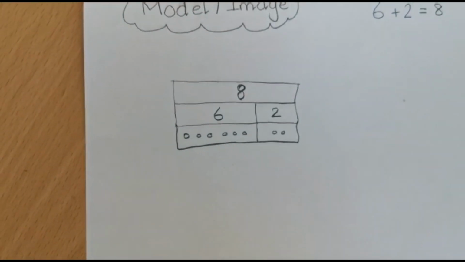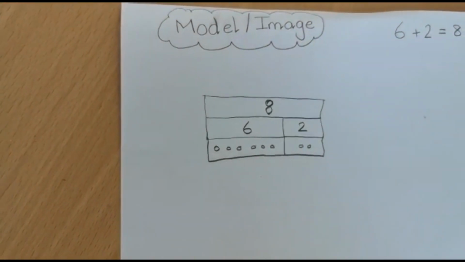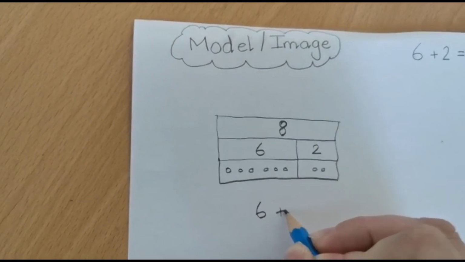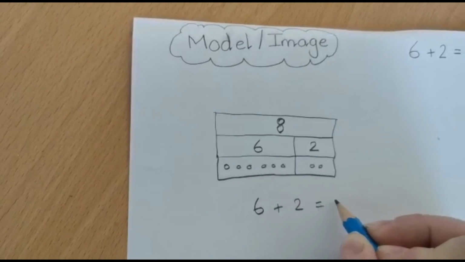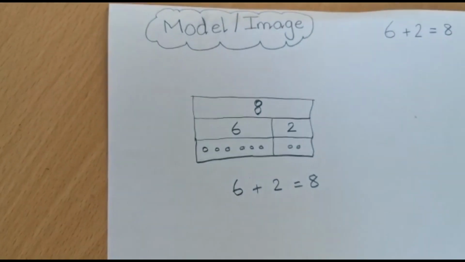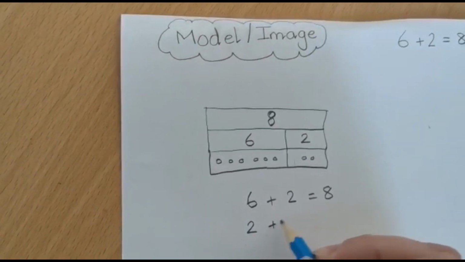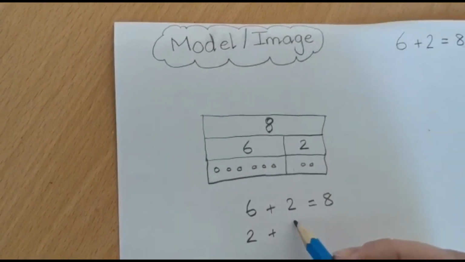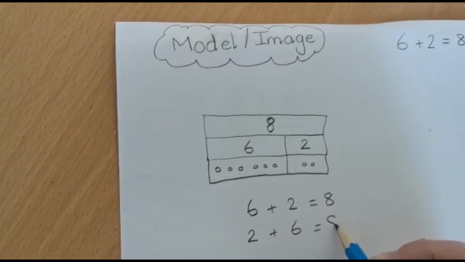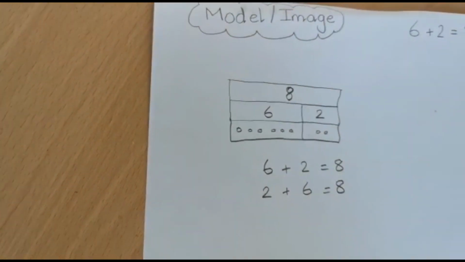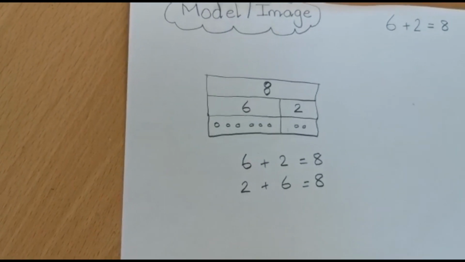What we can do now is some other number sentences to create a number family. The first number sentence I've already got is 6 add 2 more equals 8. But I can also say, well, I've got 2 in this part and I've got 6 in this part. If I add those together, that also equals 8 altogether. And then the calculation that goes with addition is subtraction.